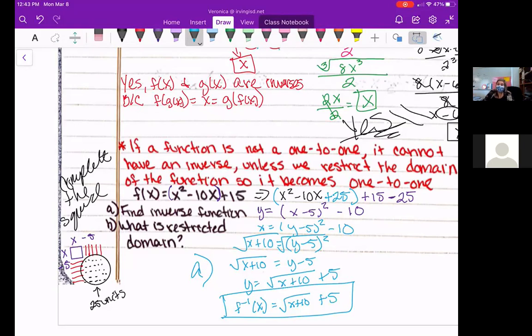What is it? So here's 5, negative 10. That's negative 10, 5.